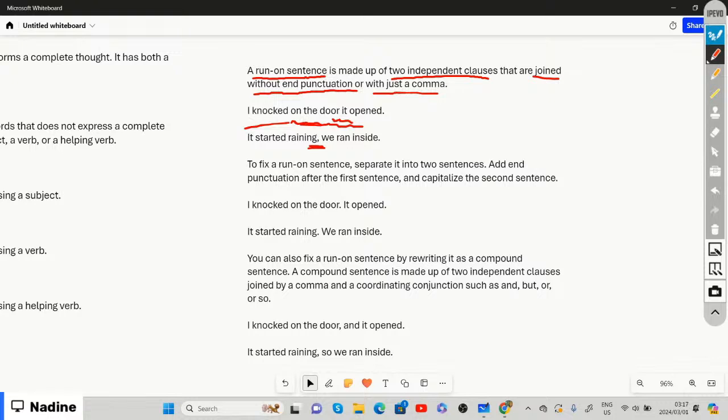And in order for us to fix a run-on sentence, we are going to fix it by writing it properly, letting those independent clauses stand on their own. So we need to separate the two sentences, then add the end punctuation after the first sentence, and then capitalize the second sentence.